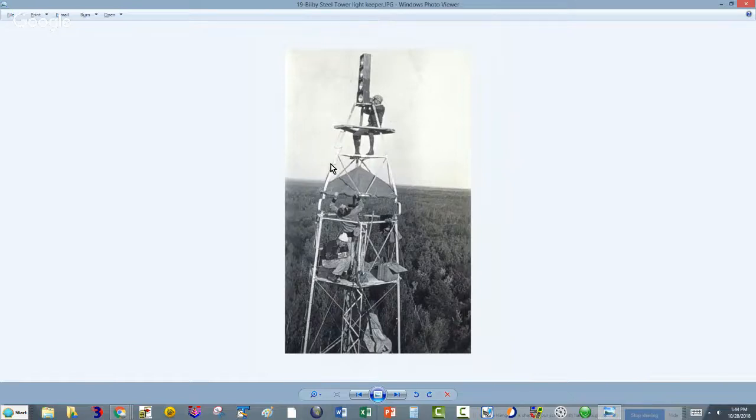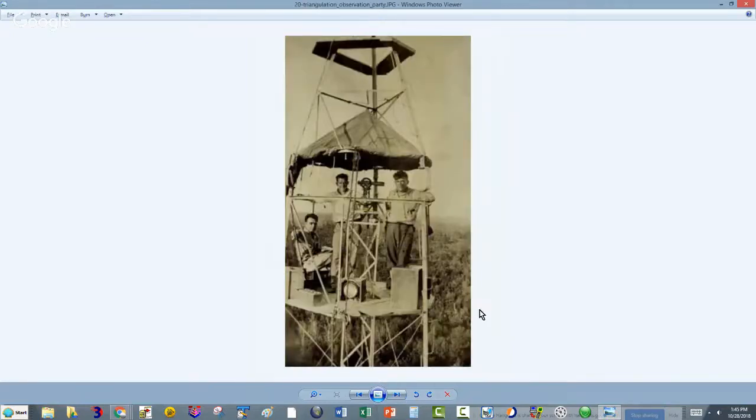And you could well imagine that there would be anywhere between 6 to 10 or more of these towers erected out in the distance as they moved along, observing these quadrilaterals and triangles of triangulation. Here's the observing party.